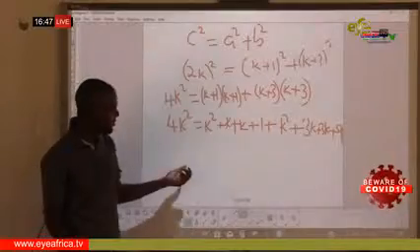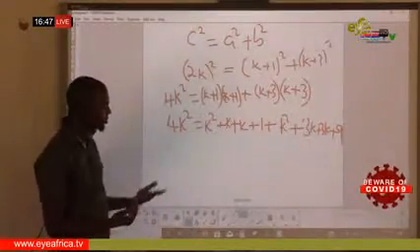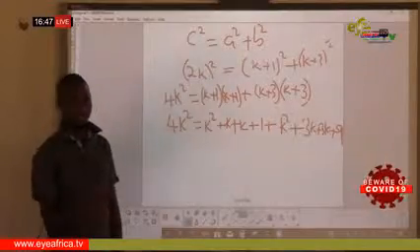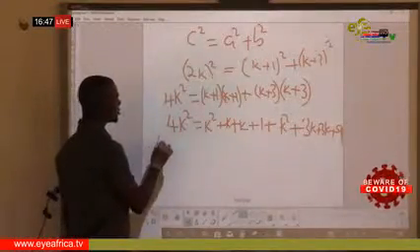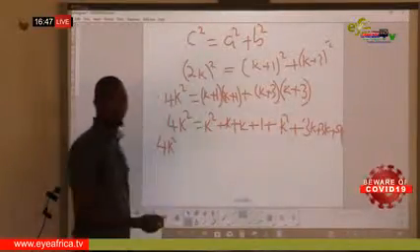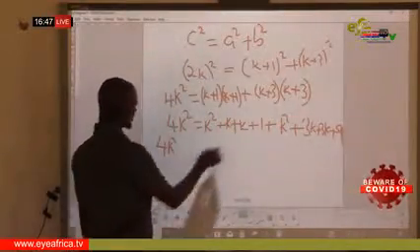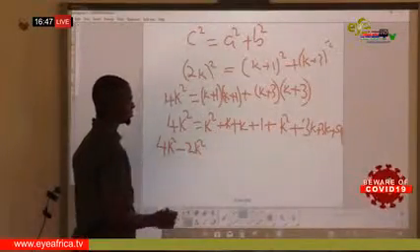We collect like terms, we bring the k squares, we put the k's together, and the ones that are without variable, we also put them together. So you will have 4k square, k square, that is 2k square. So if we bring it at the other side, it becomes minus 2k square.